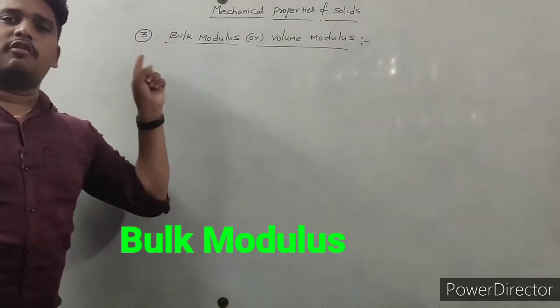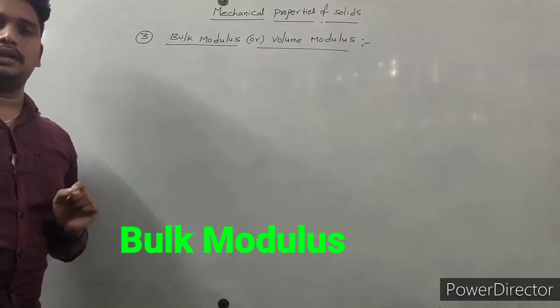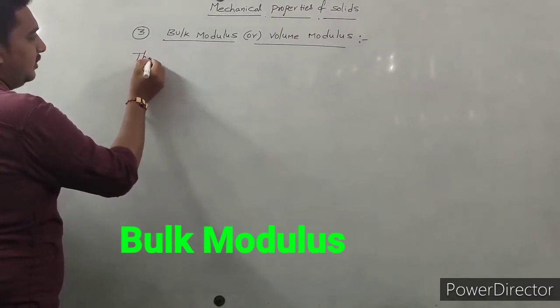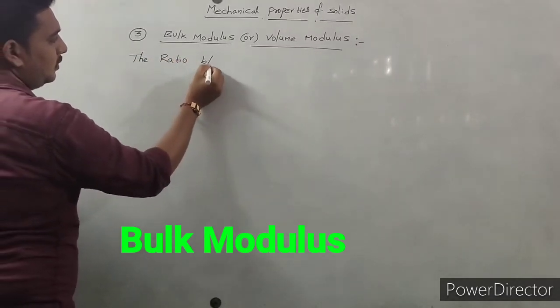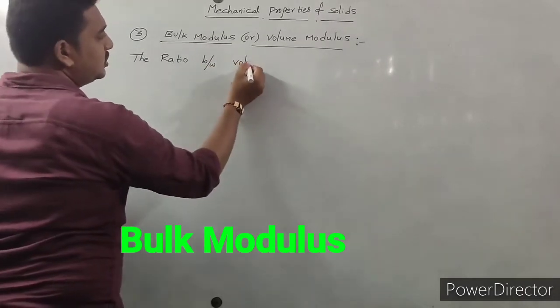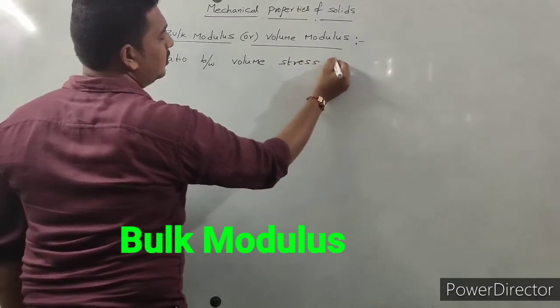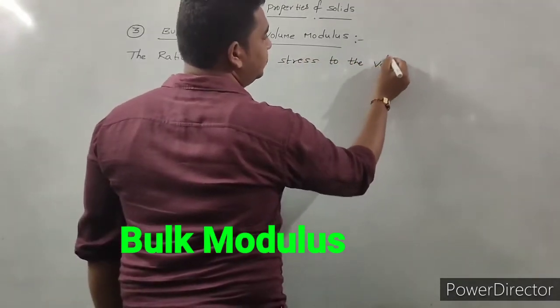What is the definition of bulk modulus and how do we denote it? The definition of bulk modulus is the ratio between volume stress to the volume strain.